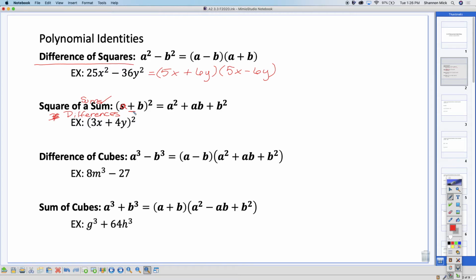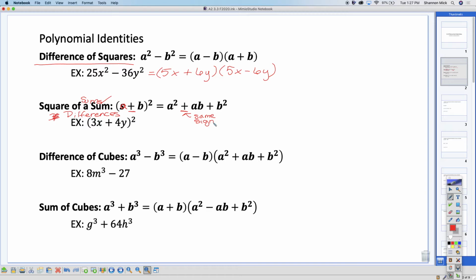So A plus or minus B squared would be A squared, the same sign, so plus or minus, and then how do I get my next term? 2 times A times B, plus B squared. Now it's always going to be plus B squared because even if B was negative, when you square a negative you get a positive. So this works for the square of sums or the square of differences, both of them.